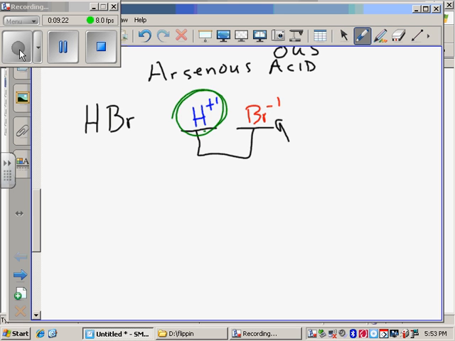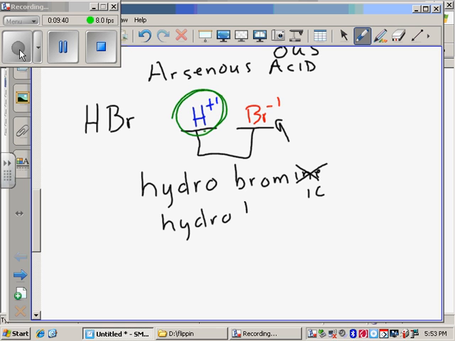And this time there is no oxygen over here, so we are going to use our hydro prefix, hydro, then bromine, but instead of the ine, we're going to change that to ic. So this is hydrobromic acid.